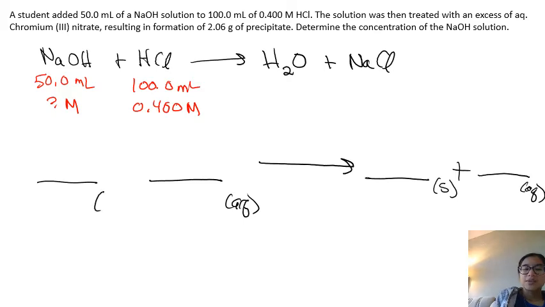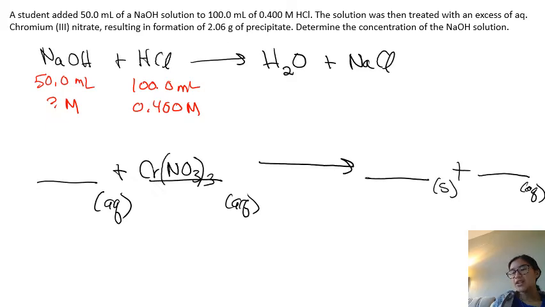So that's a typical precipitation reaction. And we know that one of these reactants is going to be chromium-3 nitrate, and we know a solid or precipitate is forming at the end.